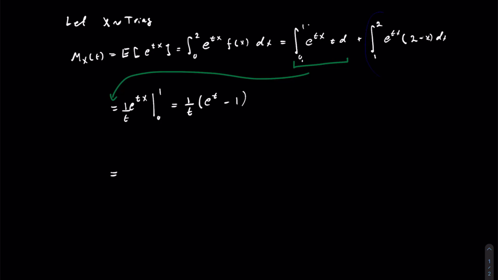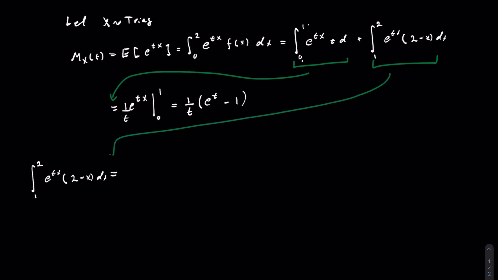For the integral from 1 to 2, let's multiply out e to the t x: we have 2 e to the t x dx, plus, since there's a minus sign, minus x e to the t x dx from 1 to 2.